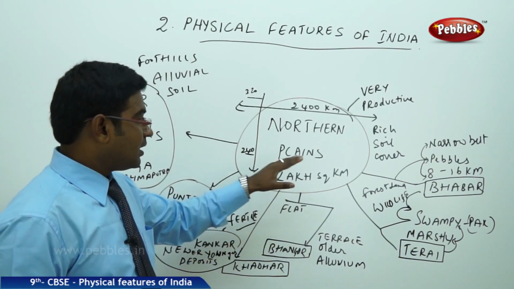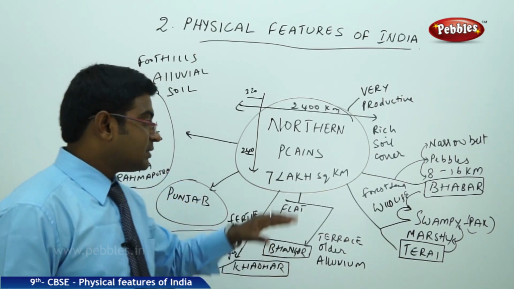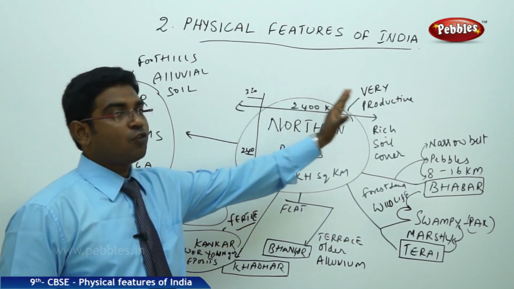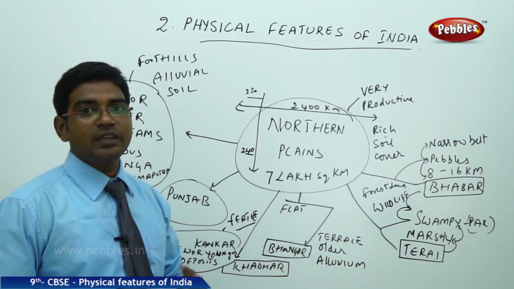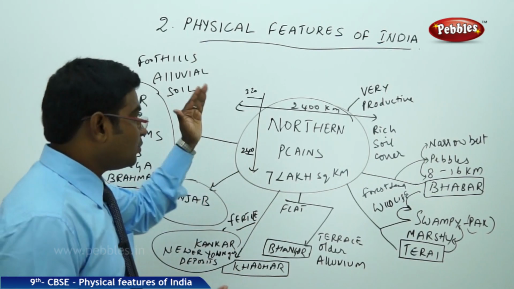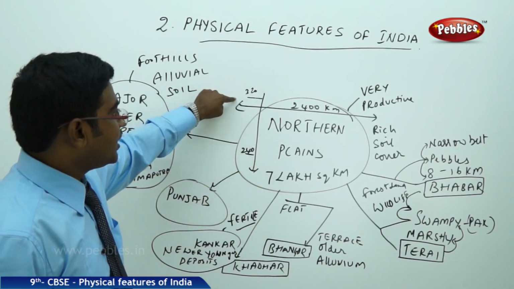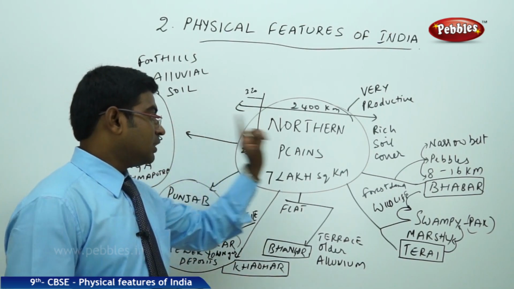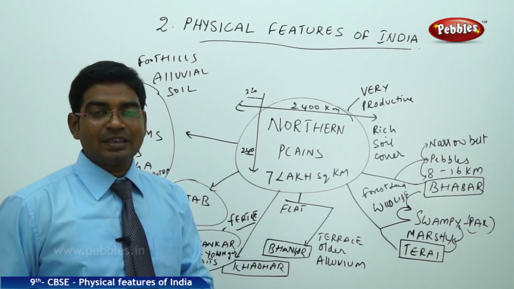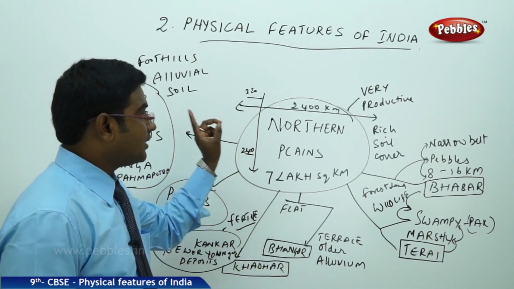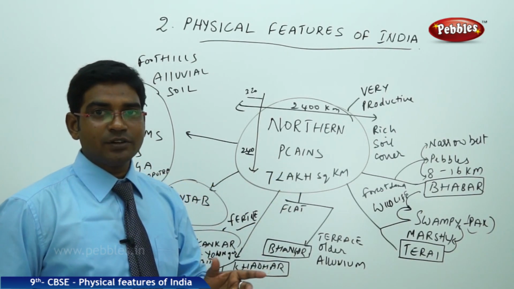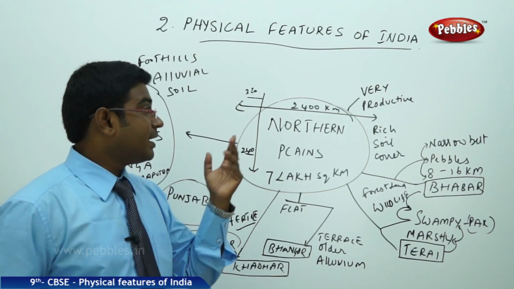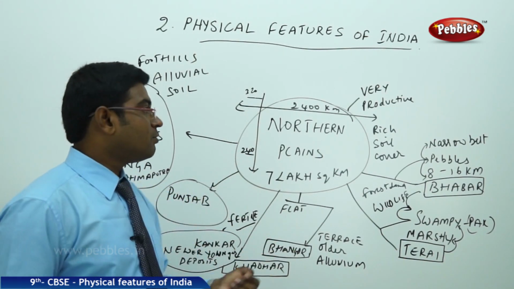But here it is larger than the Himalayan region, so it covers 7 lakh square kilometers and its length is 2400 kilometers, similar to that of the Himalayan length, while the width varies from 320 kilometers to 240 kilometers.